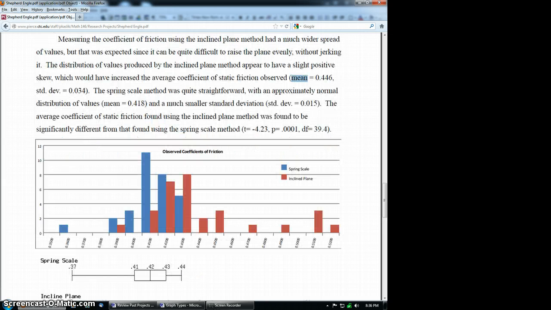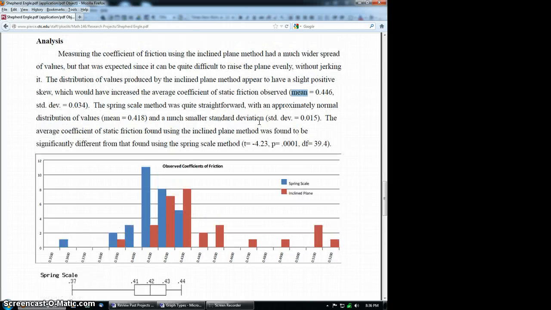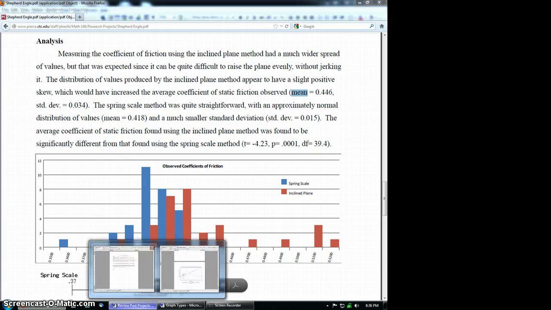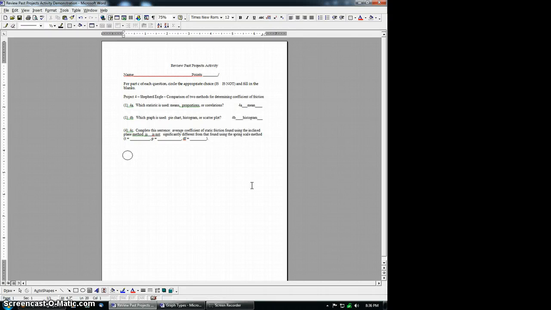Now ultimately, we test our hypothesis, and somewhere in the analysis section you should find a sentence that corresponds to the sentence that is written in the activity. And so in this case, it says average coefficient of static friction found using the inclined plane method. You will see these on this activity.